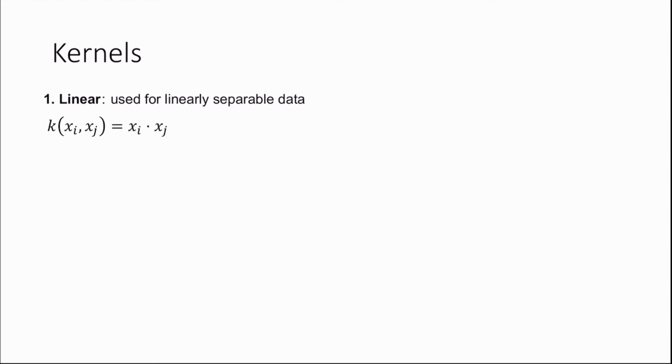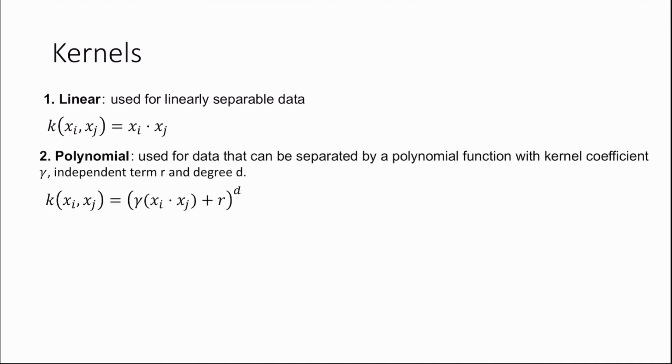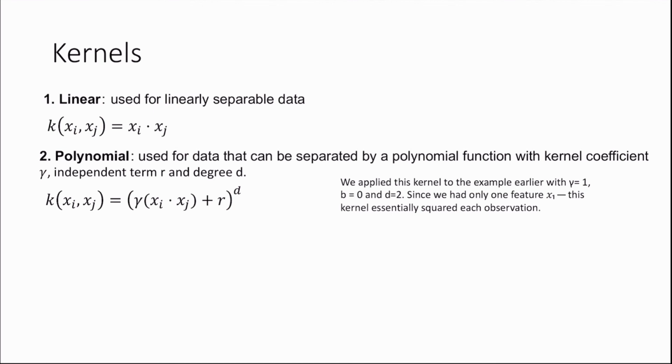So for example, for linearly separable data, we can make use of what's called the linear kernel, where we simply take the dot product of each of our features, and this is done to speed up the calculation of the support vector machine classifier. For data that can be separated by a polynomial function, we can make use of the polynomial kernel, and this has a kernel coefficient gamma, independent term r, and degree d.